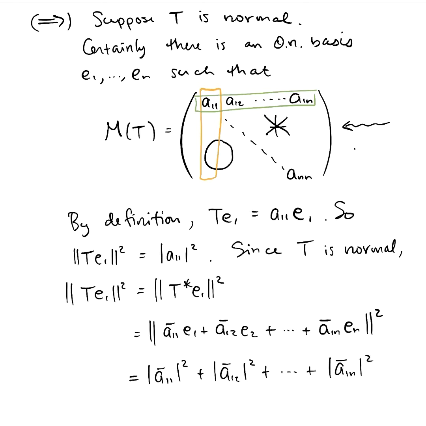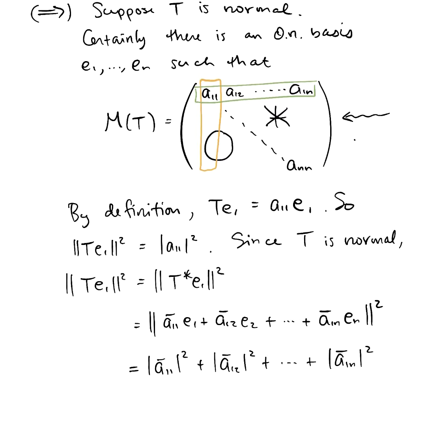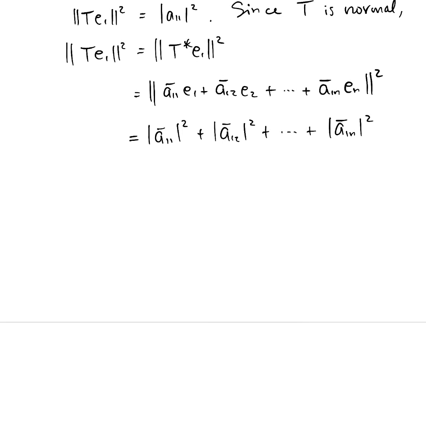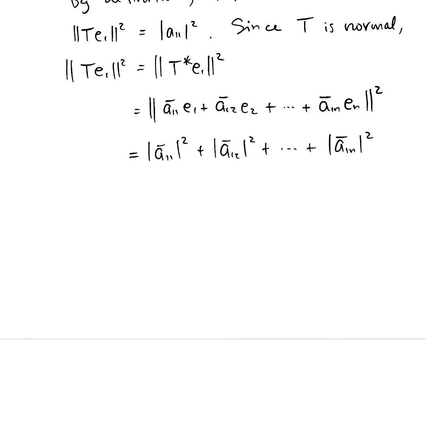Okay, so look at what we got. In the top line of this discussion, we see the norm of TE1 squared is just the thing I underlined in purple coming up here. It's just magnitude A11 squared. On the other hand, the norm of TE1 squared is all this stuff underlined here.